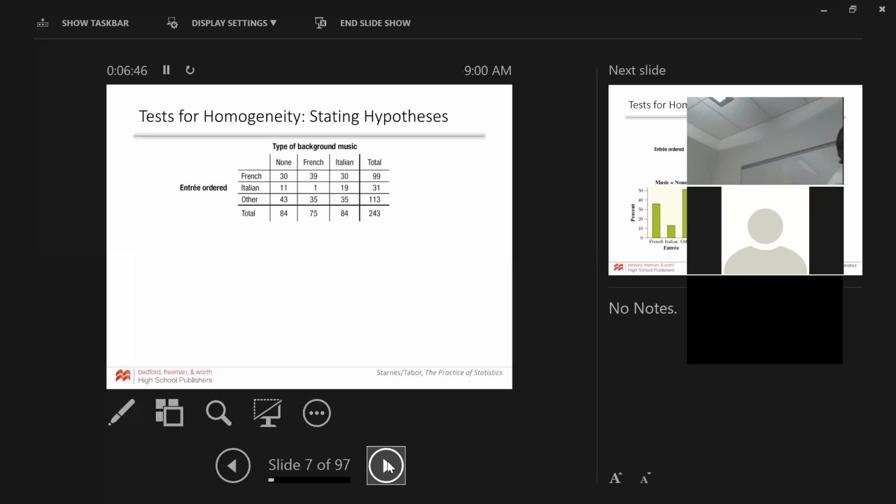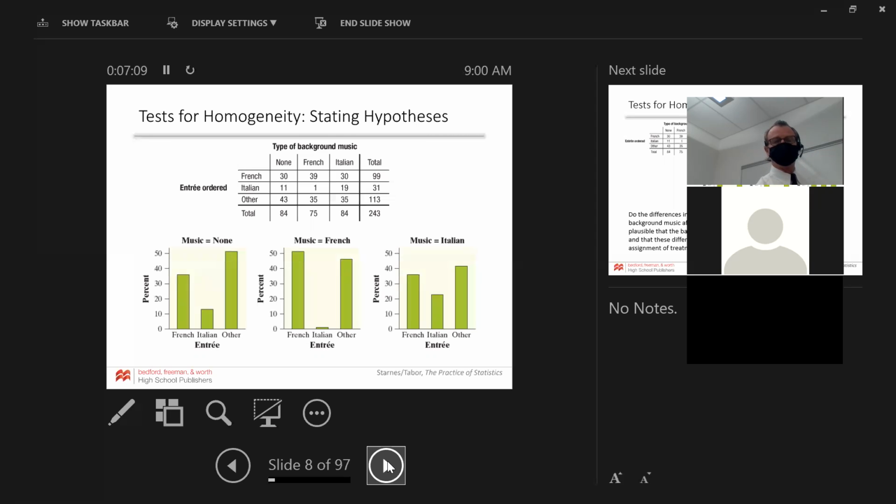And then the sum of the rows is the distribution of the meals. So you notice this. If they have French music playing, only one person ordered an Italian entree. And then here's a bar graph for the columns.